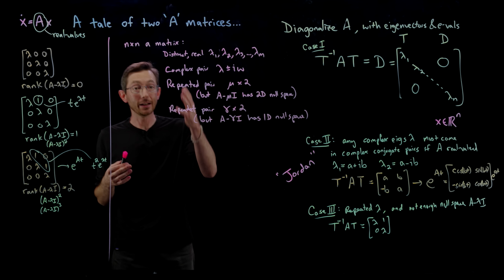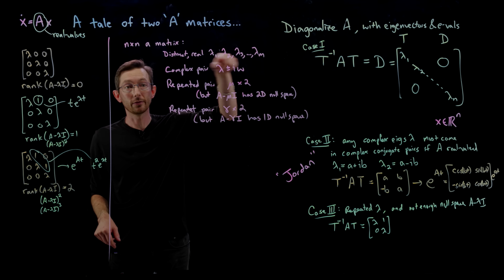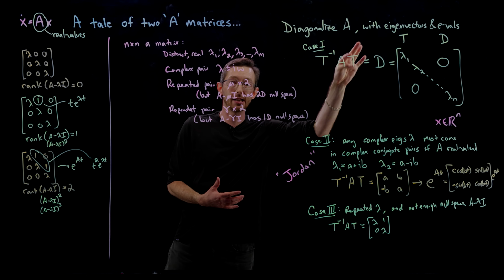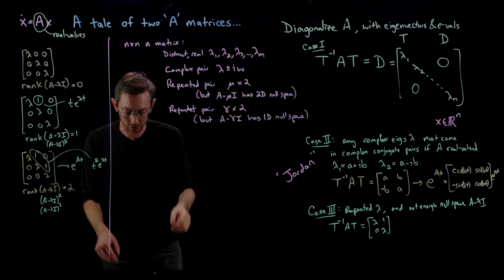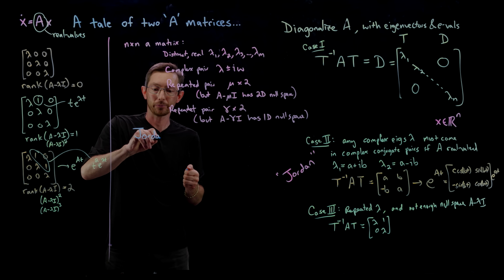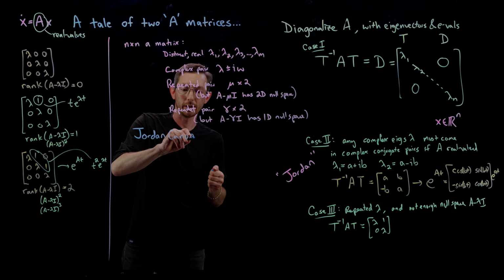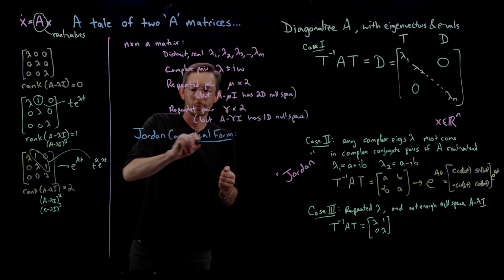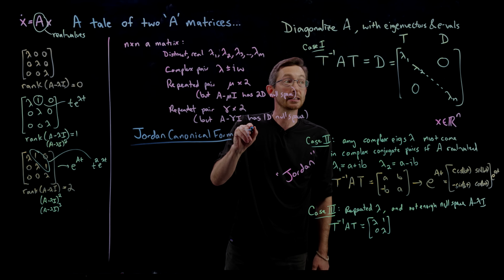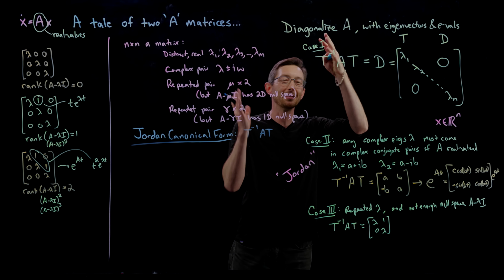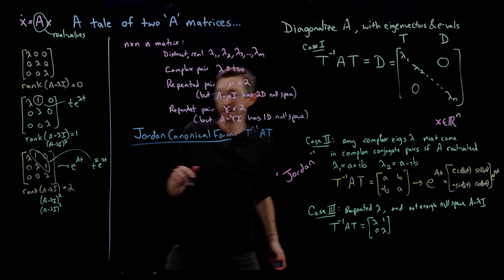Then by finding all of the eigenvectors corresponding to all of these eigenvalues, I can transform my system with T inverse AT into what is called the Jordan canonical form. So the Jordan canonical form that I would get by taking T inverse AT, it's not going to be strictly diagonal, but it's going to be as close to diagonal as you can get for this system.